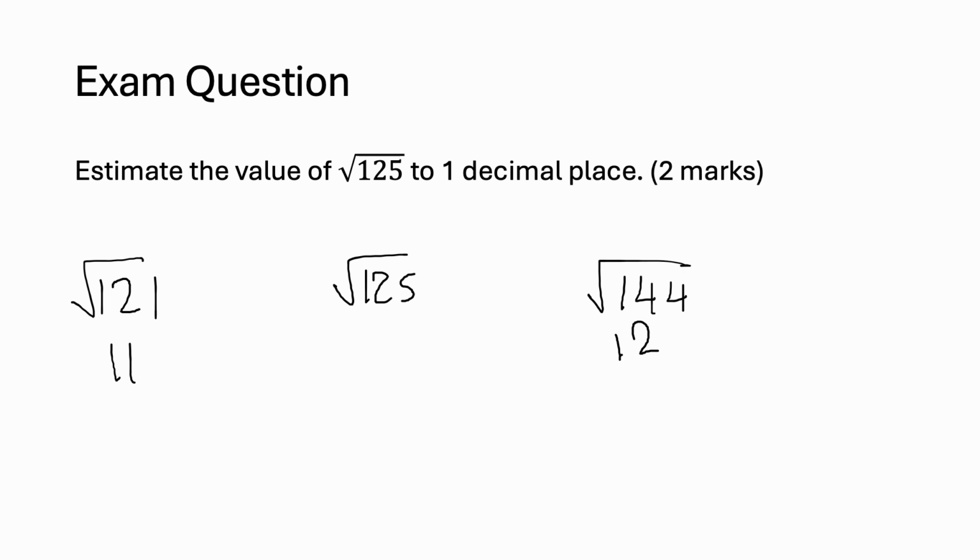We can see that it's closer to the left side than the right hand side. So that means our number is going to be roughly closer to the 11 side than the 12 side.